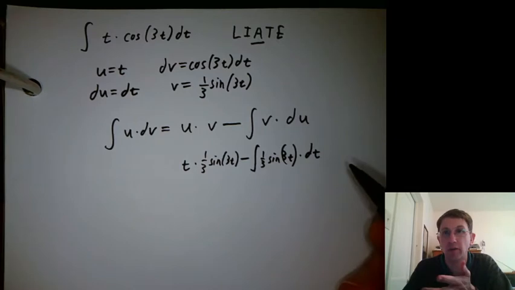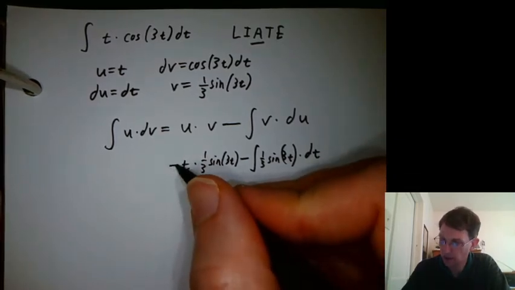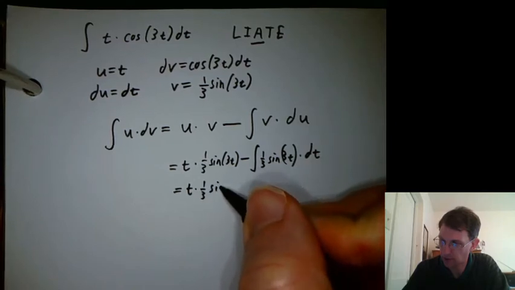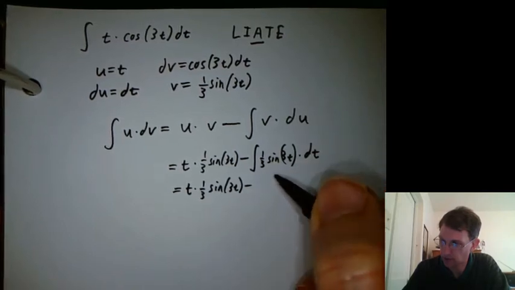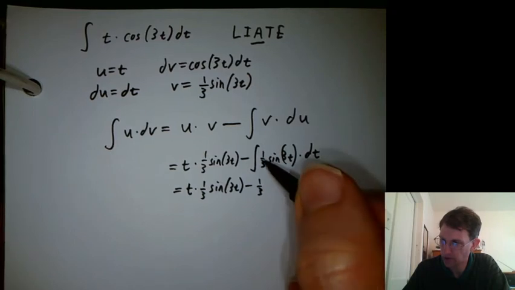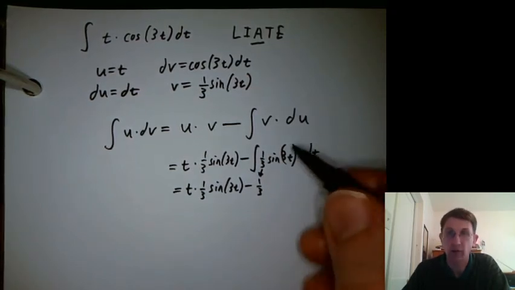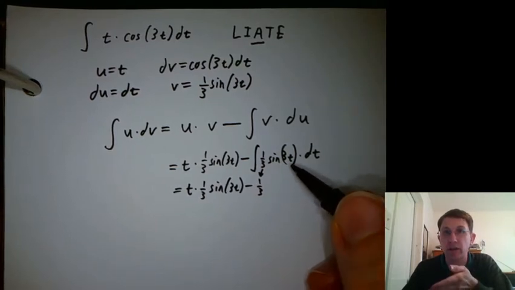Are we done? No, we still have an integral. So then we can just copy this part. The 1/3 is a constant multiplying factor, so that's going to stay there. What's the integral of sine 3t?